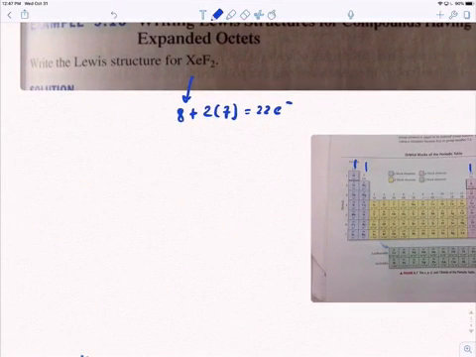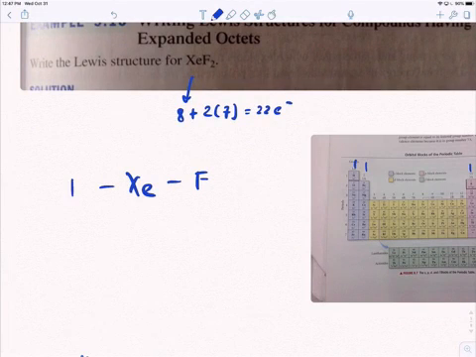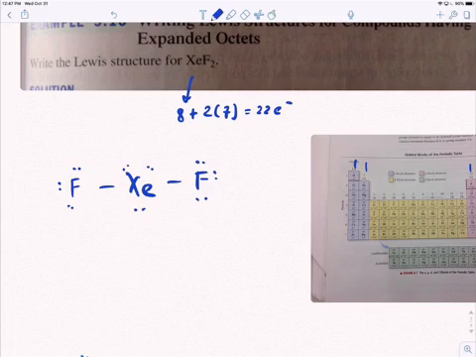Which one do we pick as the central atom? Xenon is by far the biggest atom. Then we put the fluorines around it. So I've placed electrons: 4, 6, 8, 10, 12, 14, 16, 18, 20, 22. That's how I would do the Lewis structure for this.